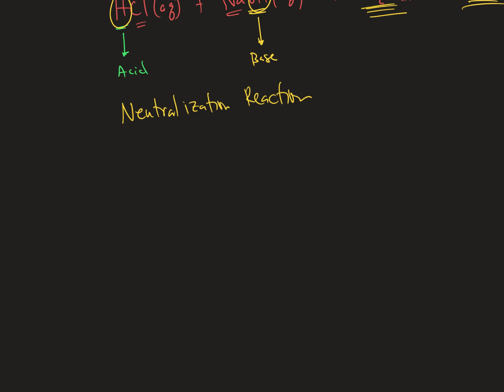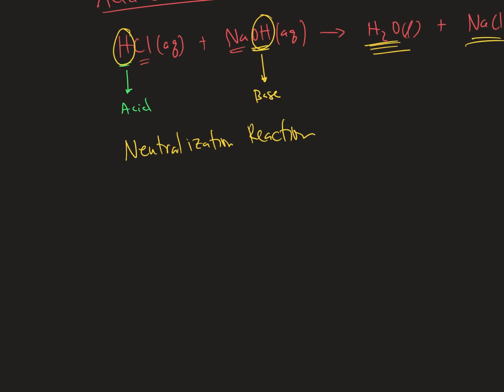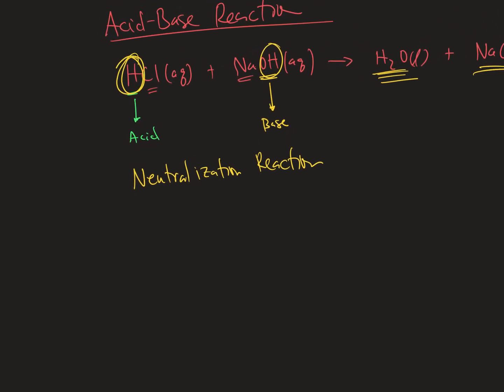How can we know which one is the base, which one is the acid? Acid is the one with the H as the cation, the hydrogen as a cation. So it's the first element on there. And base is where we have hydroxide as the anion.